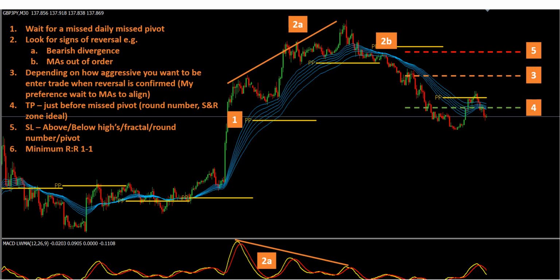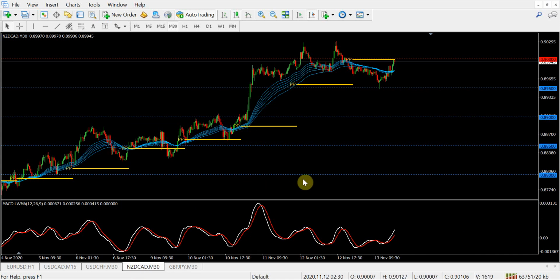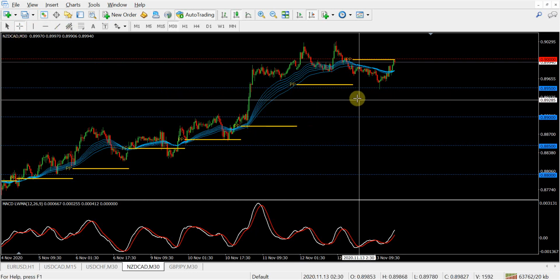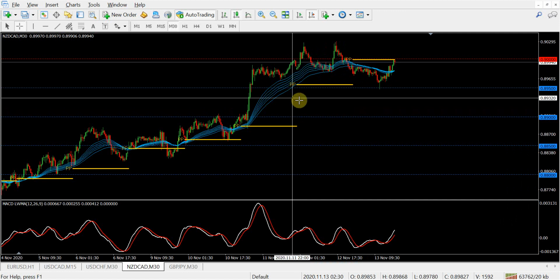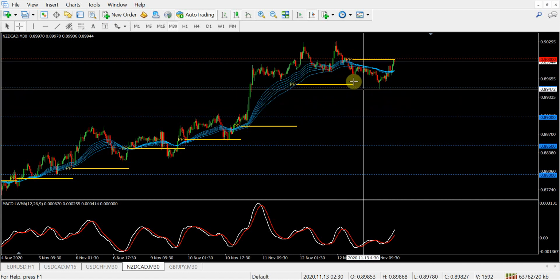So what I wanted to do now is just show you two other examples on the chart. The New Zealand dollar and the Canadian dollar is one that I took this morning. And again, they're all bearish trades in terms of where we are. So we've got a missed pivot here that was formed yesterday.